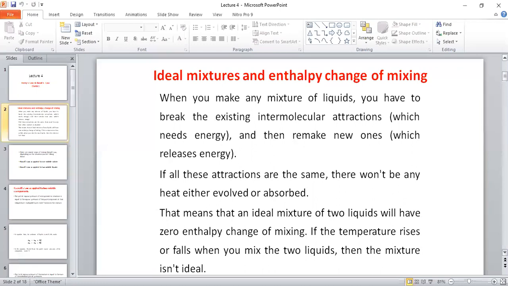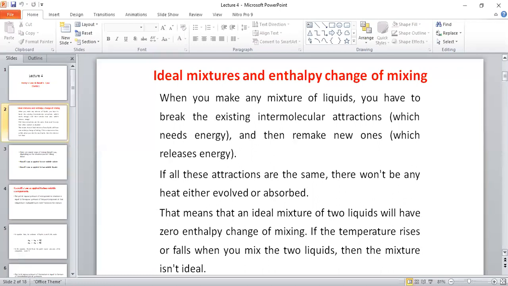Ideal mixtures and enthalpy change of mixing. So this is what we're looking at today. When you make any mixture of liquids, you have to break the existing intermolecular attractions. I hope you can remember that when we were talking of solutions, we mentioned that there are intermolecular attractions between molecules, either between similar molecules or different molecules in the solution.